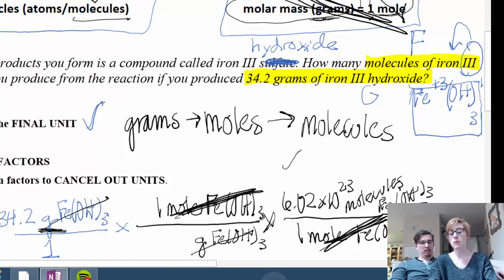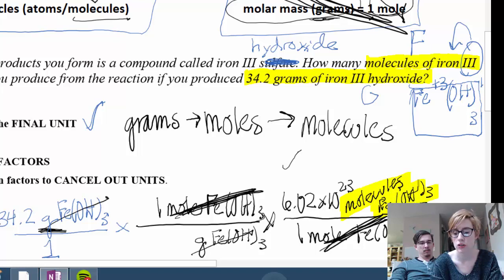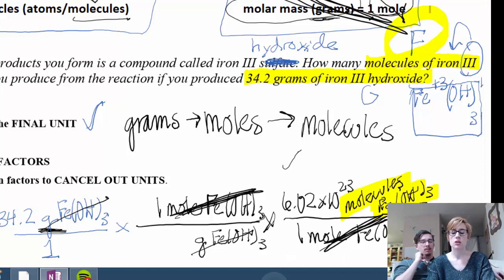And then remember, the way we know that we're totally finished with our T-chart is if the unit at the very top, at the very end, is our final unit, then we know that we're done. We know that our final unit up here was molecules of iron 3 hydroxide, and we see that that's also the last unit at the top of the fraction. So we've essentially set it up correctly.